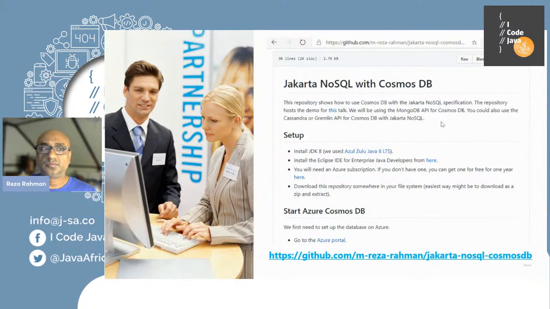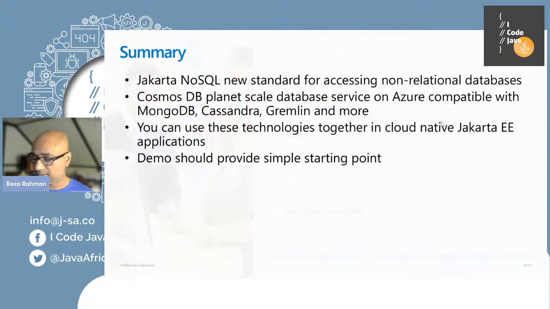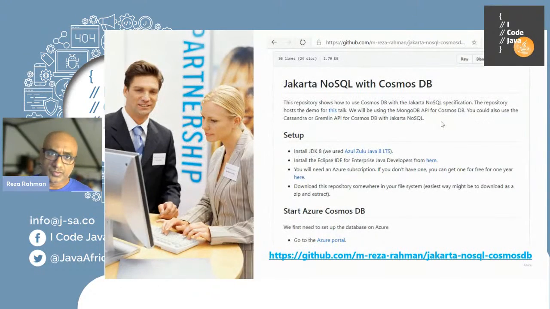Okay, so now let's talk about putting these things together, right? So you can use Azure NoSQL to access Cosmos DB. In fact, instead of simply lecturing and talking about how you do this and how the API looks, the way I'm going to do the rest of this presentation is actually do a demo for you, right?